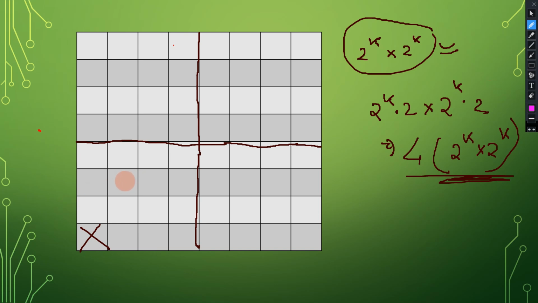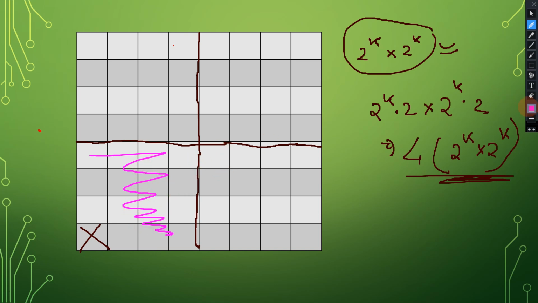We know that if a problem is a 2^k by 2^k checkerboard and one tile is removed, then I can cover it completely using triominoes. Here, one tile is already removed, so I can cover this whole small checkerboard of size 2^k by 2^k using triominoes.